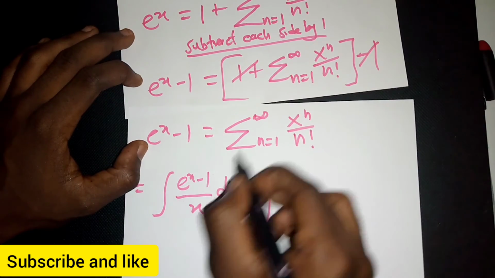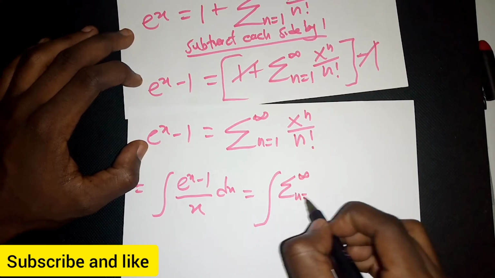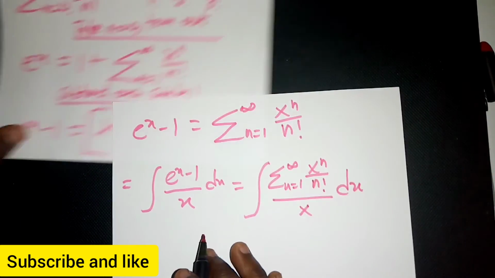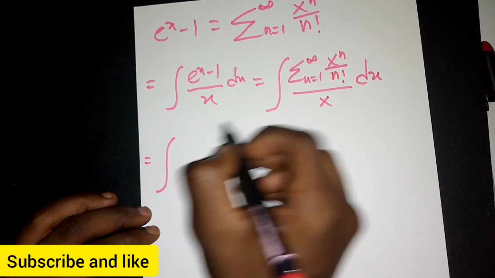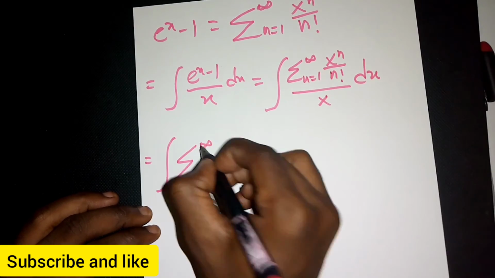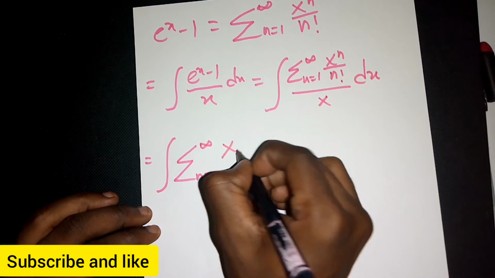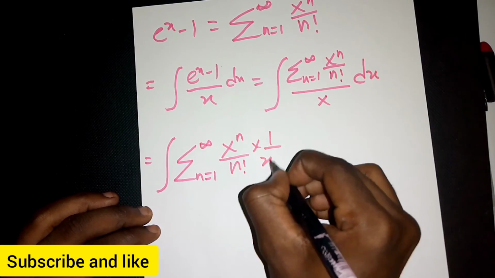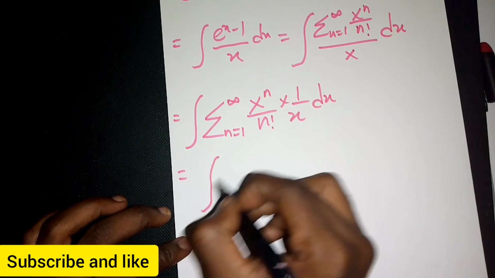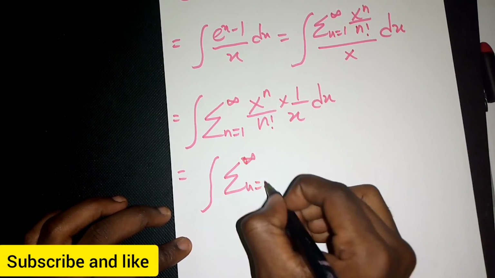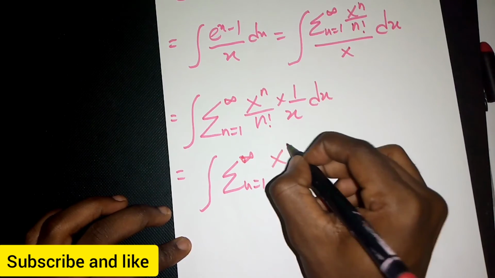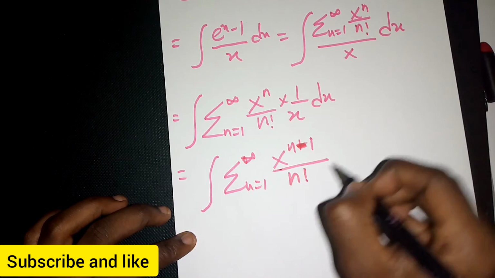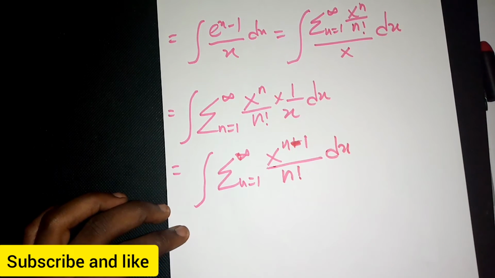We have the summation from n equal to 1 of x to the power n over n factorial, all over x, dx. Now from here we have the summation from n equal to 1 of x to the power n over n factorial multiplied by 1 over x dx, which is the same as the summation from n equal to 1 of x to the power n minus 1 divided by n factorial dx. So this is what we have.